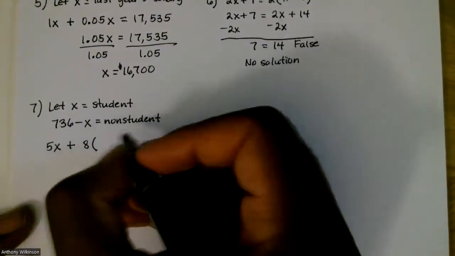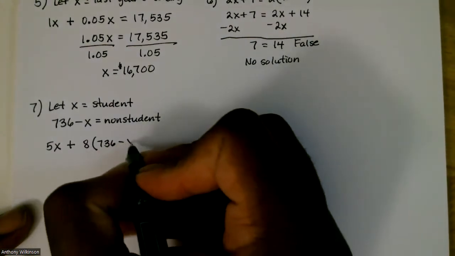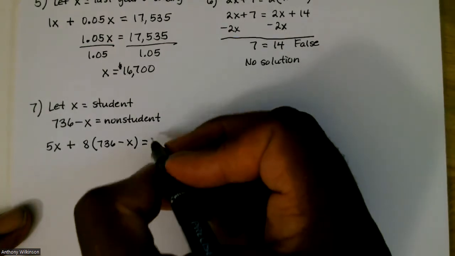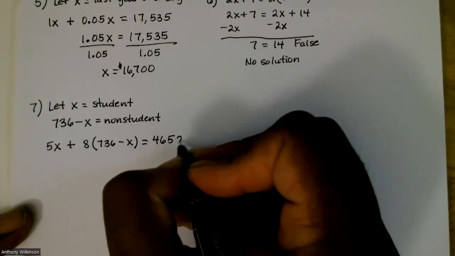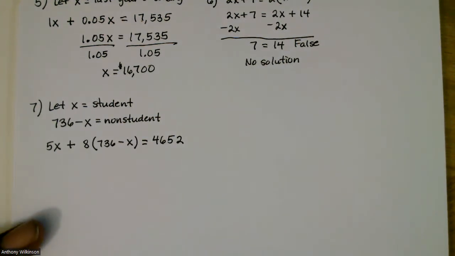So it'd be 8 times the number of non-student tickets, which is 736 minus X. And that's going to be equal to the total, which is $4,652. So this is our equation.